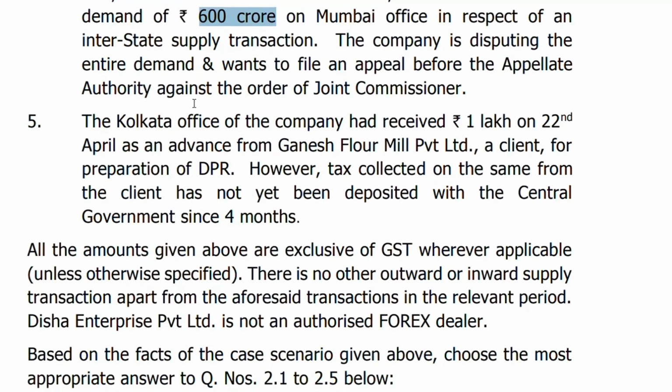Okay, now the next question is the Kolkata office of the company had received rupees 1 lakh on 22nd April as an advance from Ganesh Flour Mill Private Limited because they are giving consultancy service, right? The advance is given by one of the clients for preparation of DPR. Now they have not paid the tax on the same. They have collected tax on the service, but the tax has not yet been deposited with the central government since 4 months.